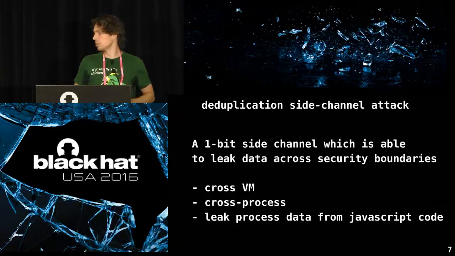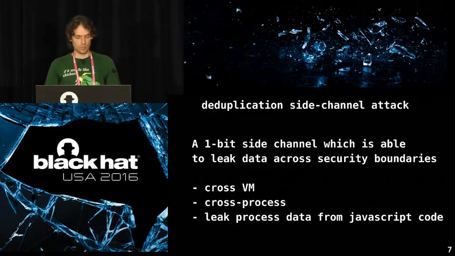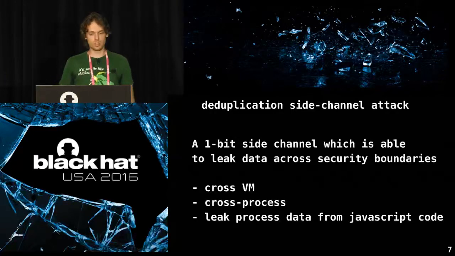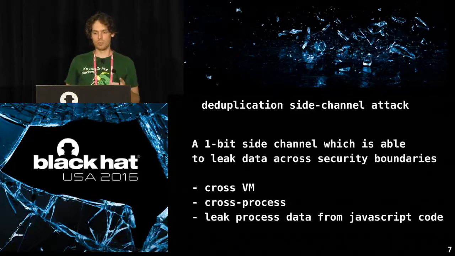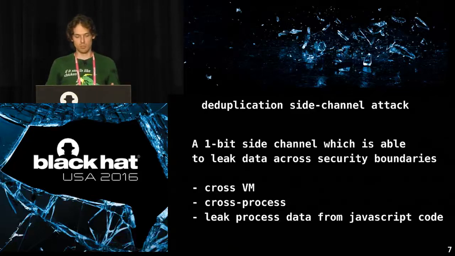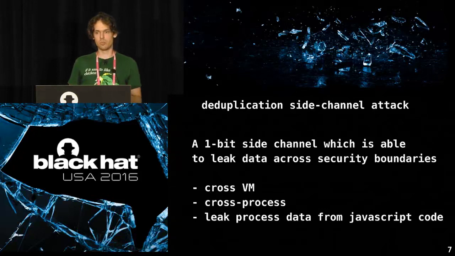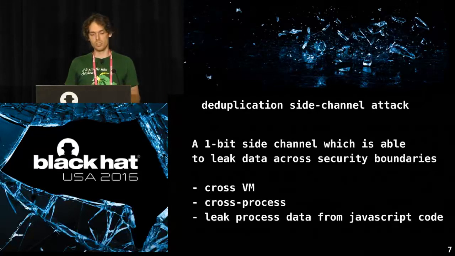And in Windows, it could be across processes. In our case, we will use this to leak information from within the process, but we will leak this information from within the JavaScript runtime. So we will leak information which is not available from the runtime.